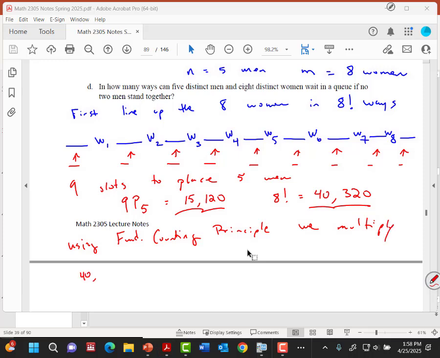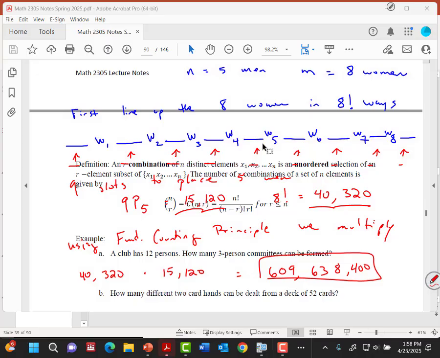So 40,320 times 15,120 to get 609,638,400. So this counts the total number of ways that I can arrange 8 women and 5 men in a line if no 2 men stand together.